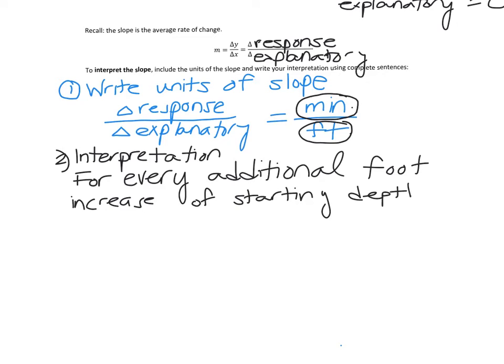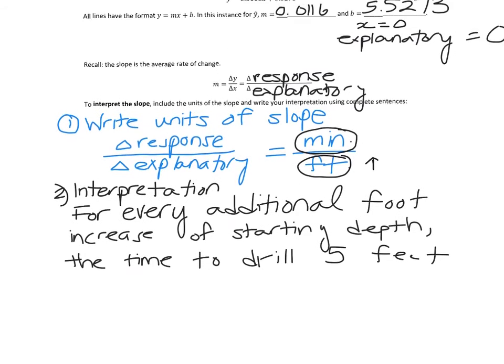of drilling depth, or starting depth, I should say, all right, so we're going up 1 unit of our denominator. The time to drill 5 feet, that's our response variable. And then again, let's reference our slope.